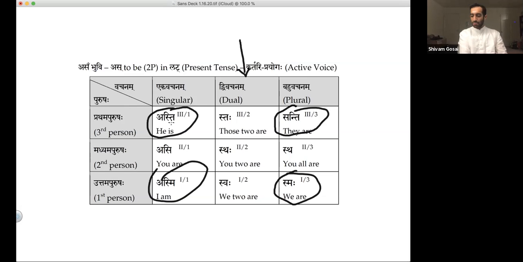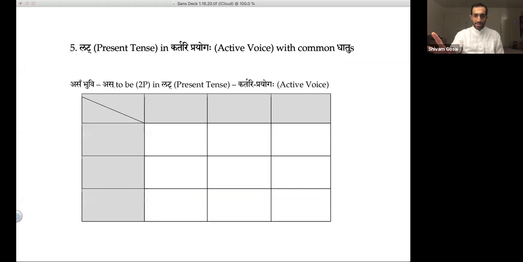What you can do is open your workbook to page 42. If you have a workbook, open to page 42, and there you'll see what's on the screen. I'm going to share a camera with you.